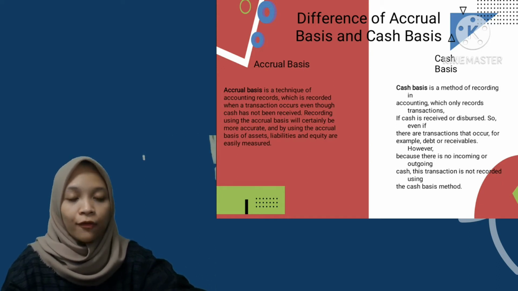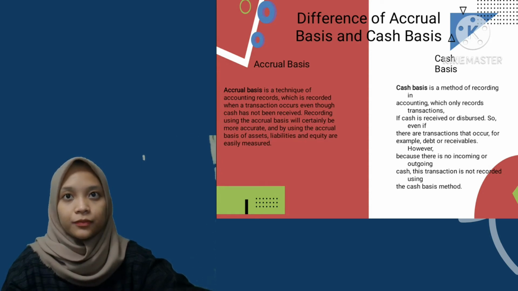So the difference of accrual basis and cash basis is in accrual, every transaction is recorded, even though there is no cash receipt or cash payment. But in cash basis, transactions are recorded if there is cash payment or cash receipt.